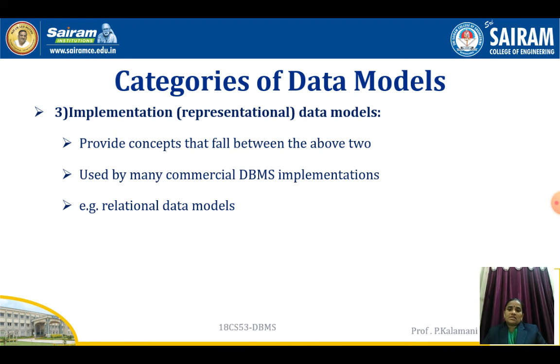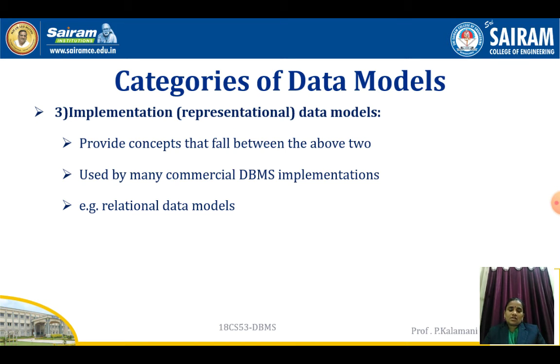The third model is the implementation or representational data model. This model provides concepts that fall between low level and high level. High level we know is the conceptual data model. Low level we know is the physical model that describes the storage structure details. The intermediate level is called the implementational or representational data model.